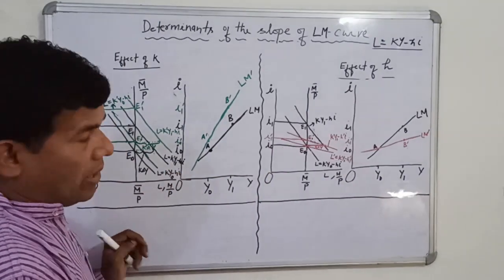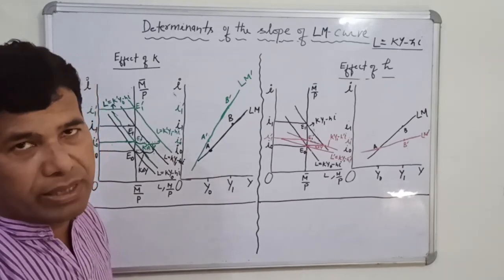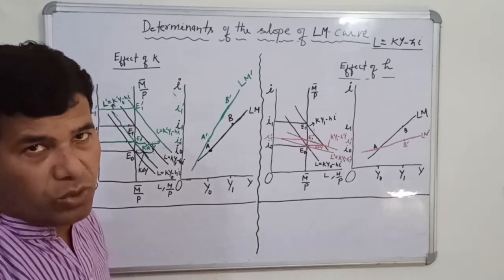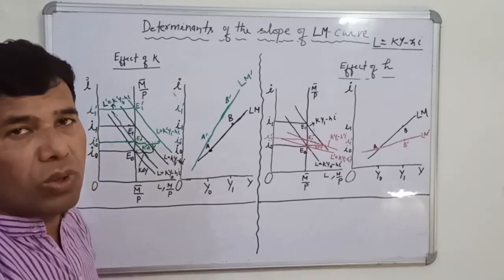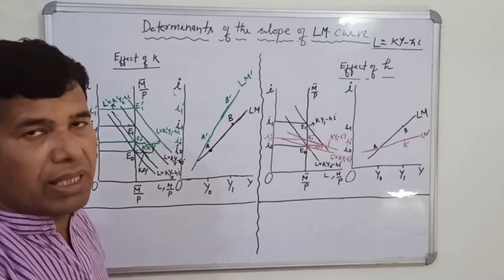The reason for this inverse relationship between money demand and the rate of interest is that when the rate of interest is higher, the cost of keeping money at home is higher. Therefore, you would like to minimize the cost, and you would hold bonds or fixed deposits rather than holding money. In that situation, the money demand goes down.